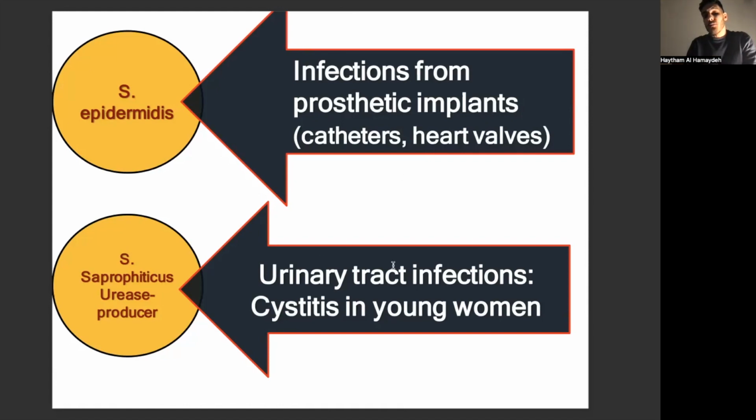This is more common among people who are new to their sexual activity, and especially in women. Okay.